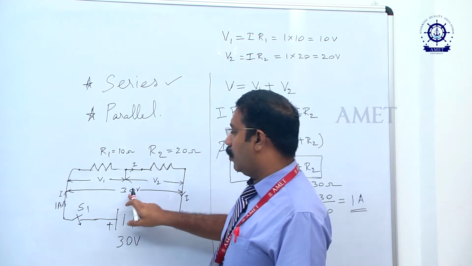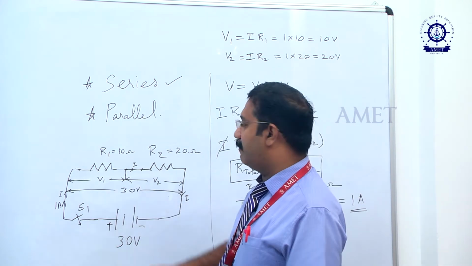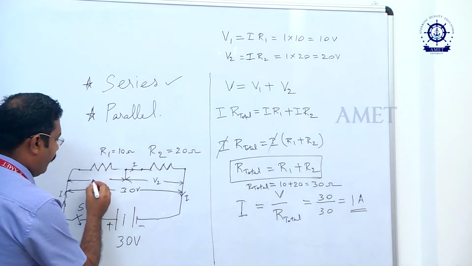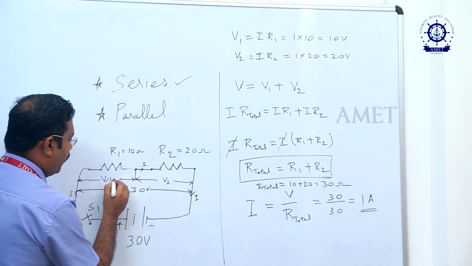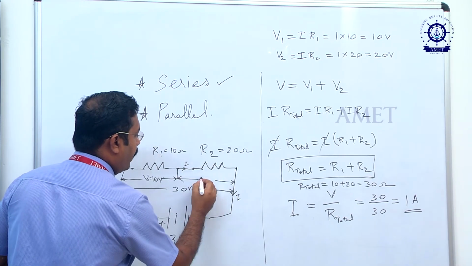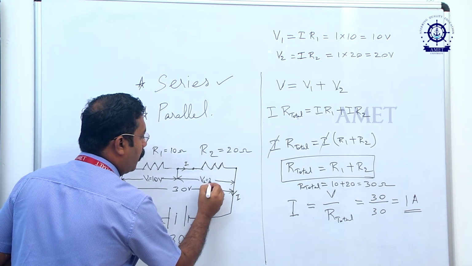Therefore, this voltage of 30 volt will be divided into V1 equal to 10 volt and V2 equal to 20 volt.